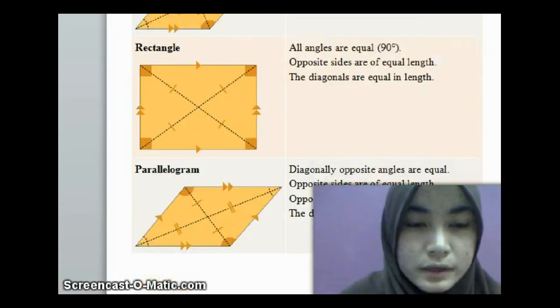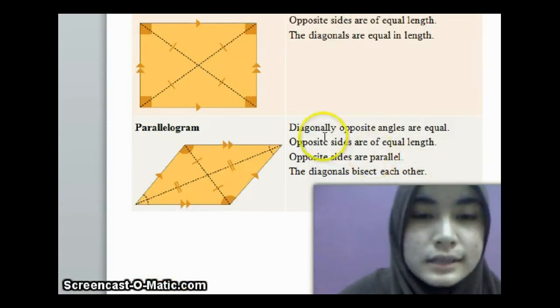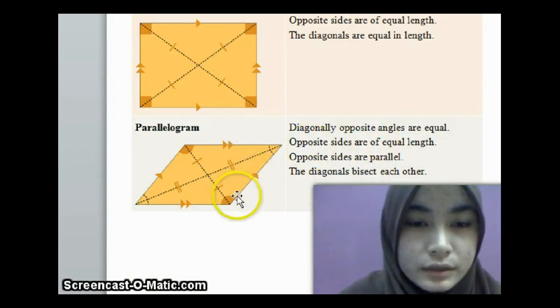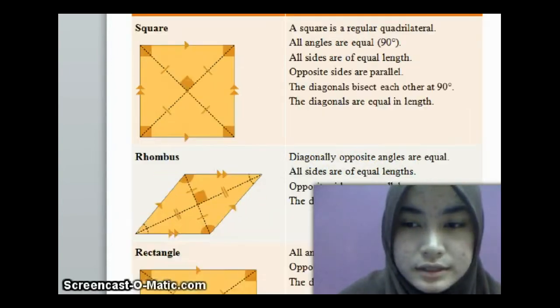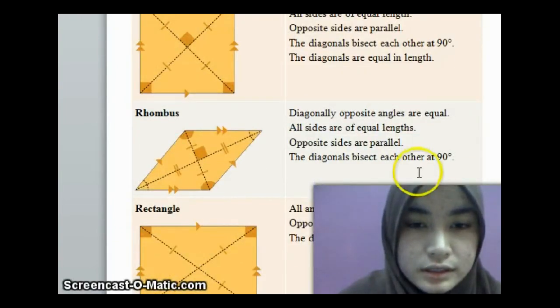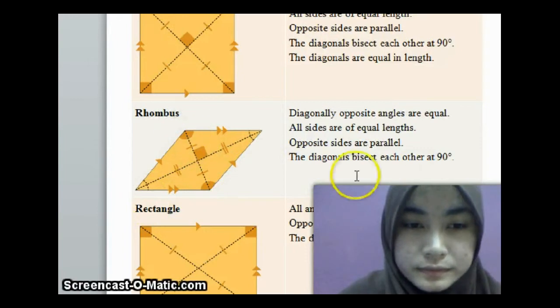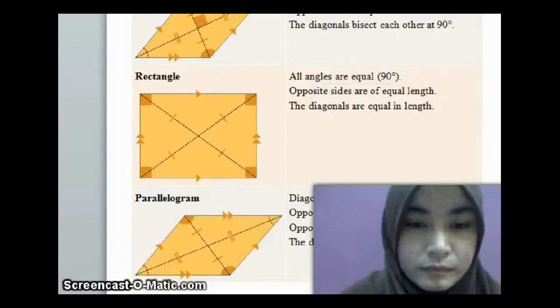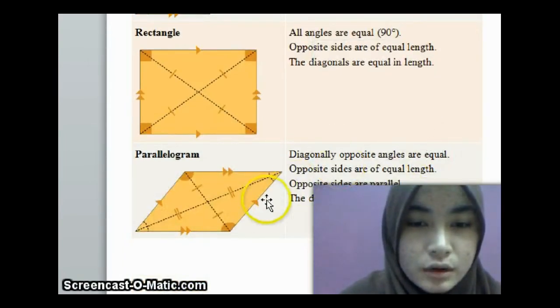And now for the parallelogram. Its diagonally opposite angles are equal, just like the rhombus. Opposite sides are of equal length. Opposite sides are parallel.